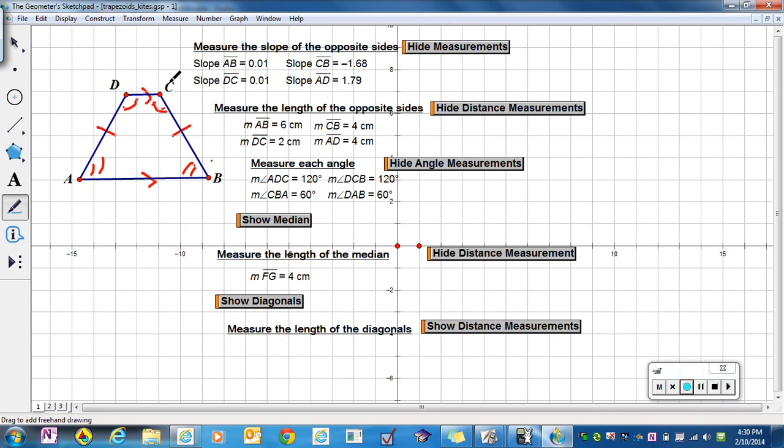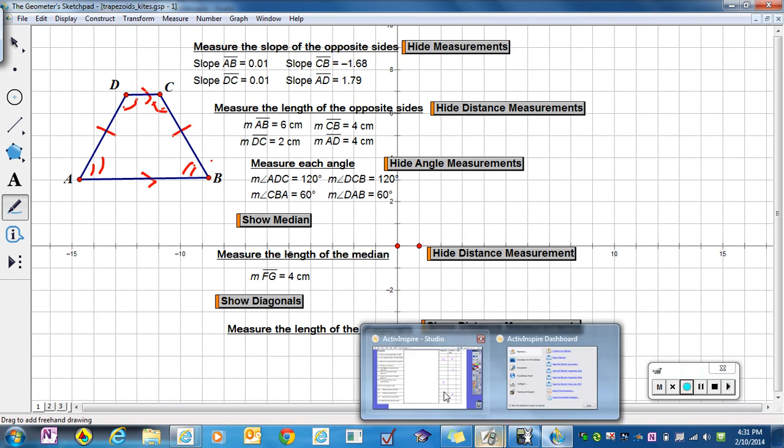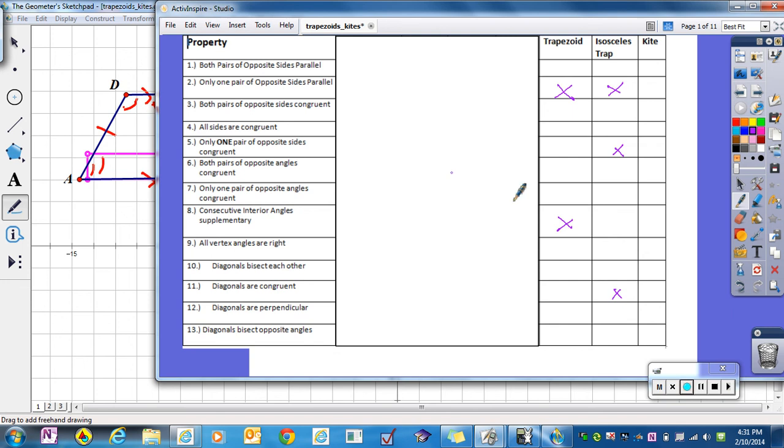So now we actually do have congruent angles, but they're not across from each other, they're next to each other. So these are called base angles, just like when we had an isosceles triangle. So we're going to throw in one property down at the bottom: base angles are congruent.